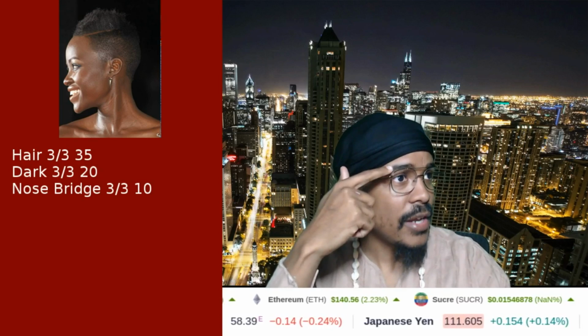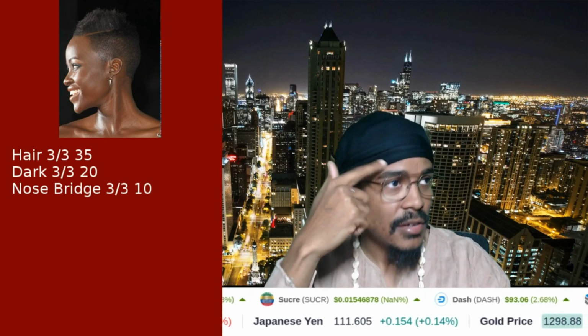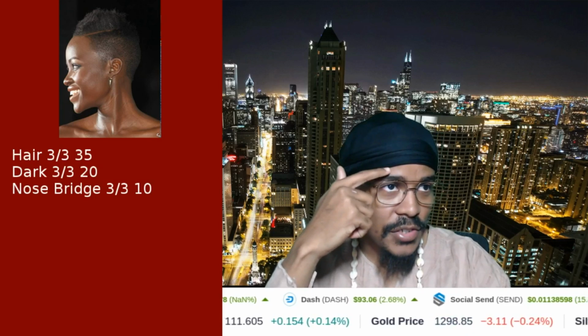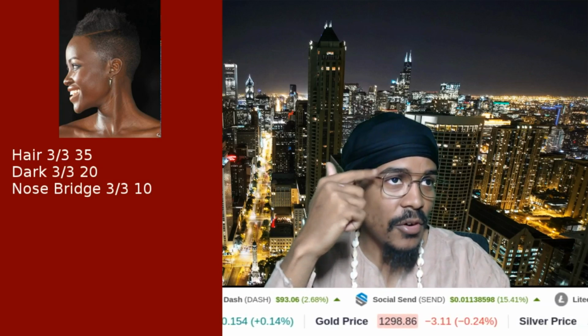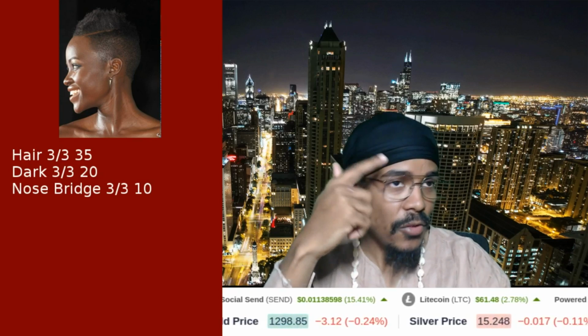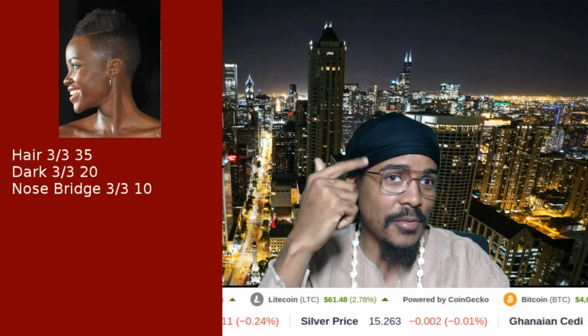From her forehead down to her nostrils, it curves like a C or a U. She has the fully formed black nose bridge. She gets the full three level of that. She has a level 3 black nose bridge.